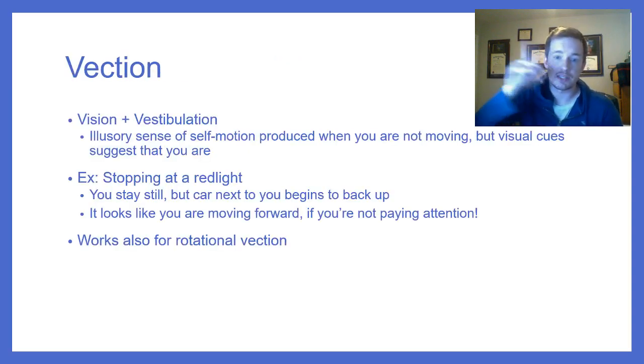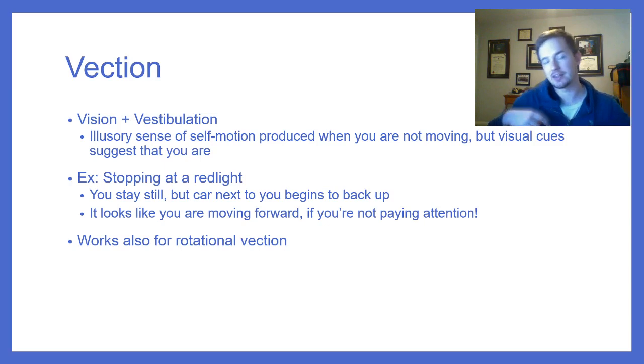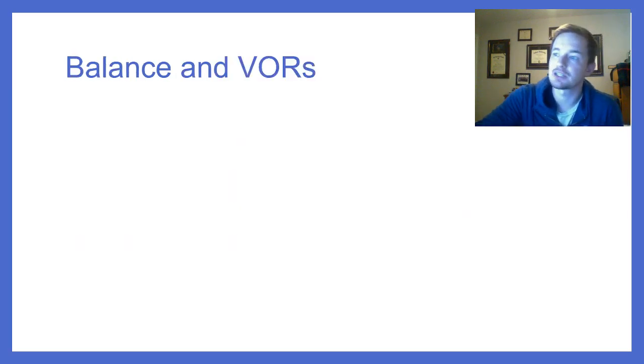Also, you see this a lot if you go on YouTube and look for people who are playing Oculus Rift or playing with those VR headsets. They'll be doing something in the virtual world, and then they fall in the virtual world and they fall in real life, because they feel like they're moving because their eyes are communicating to them that they are. So it's this illusory sense. I highly recommend checking that out if you get a chance.